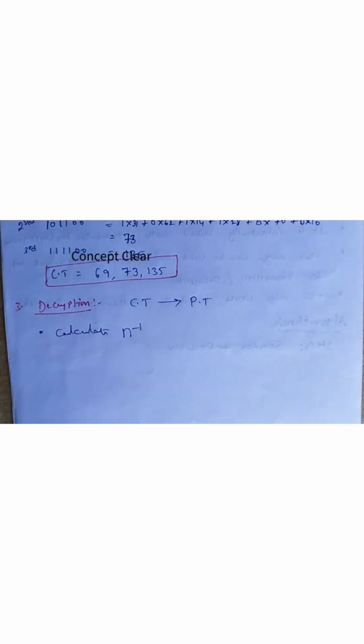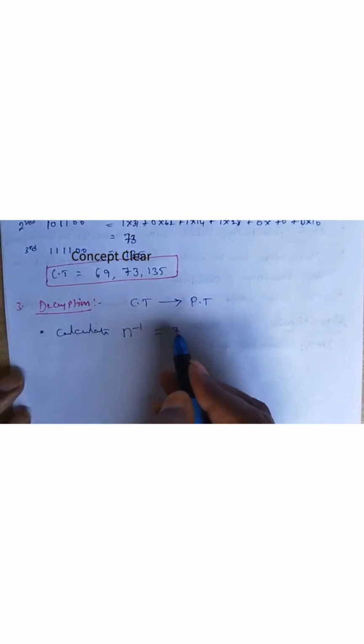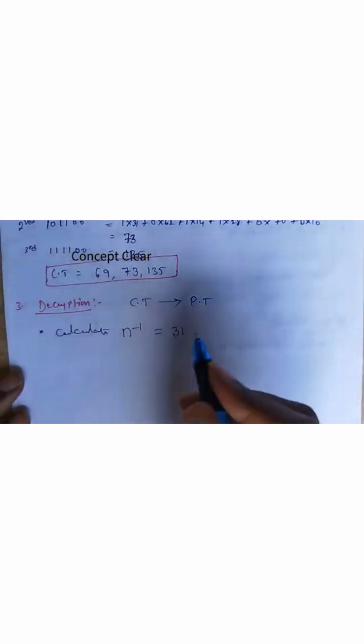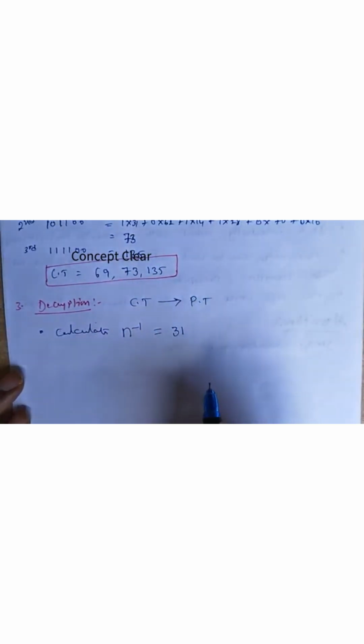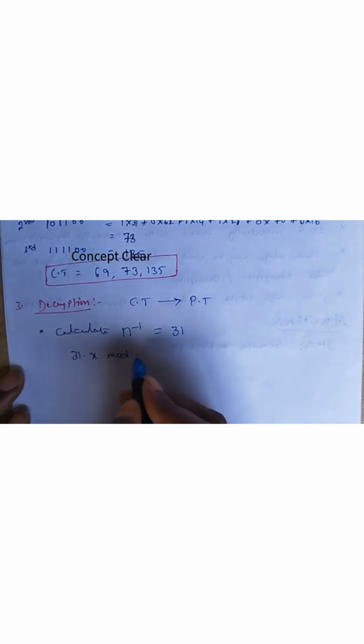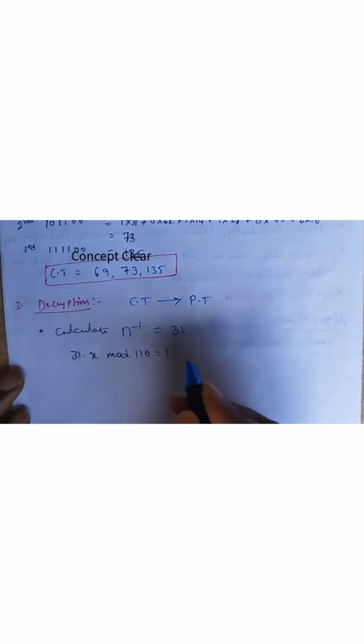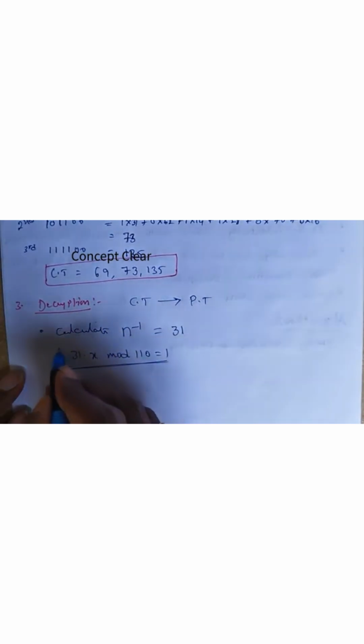Here, what is the n value? In the previous example, in plain text, we considered the n value equals 31. So we have to calculate the n inverse value: 31 into x mod 110 equals 1. This condition has to be satisfied.